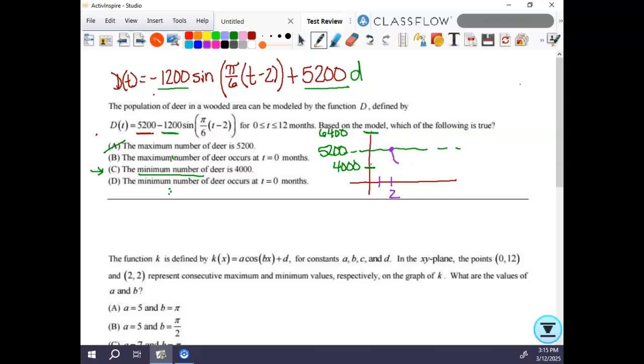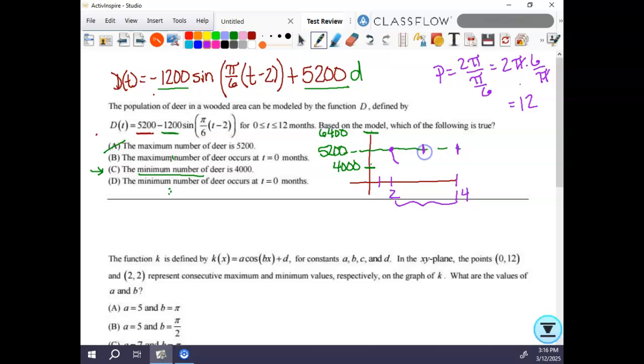And let's see, period. So B is pi 6, so the period would be 2 pi divided by pi 6. That would give me 2 pi times 6 over pi. And that's where you get the 12 months from. So from 2 to 14, that's a distance of 12 there.